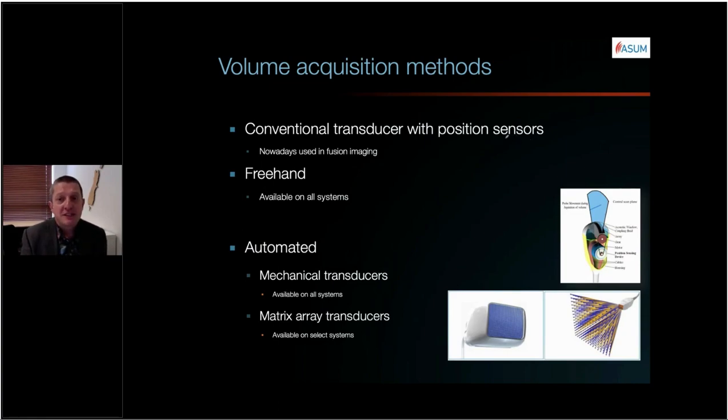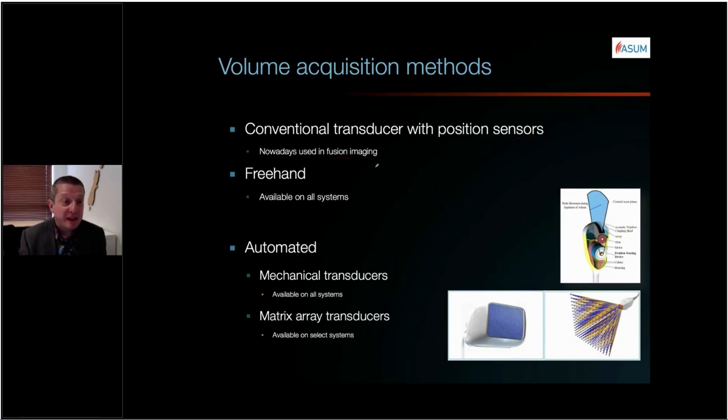Nowadays, position sensors are used in fusion imaging, where you need to correlate CT, MRI with ultrasound images, for example, in an interventional setting. But apart from that, position sensors are not commonly used nowadays.